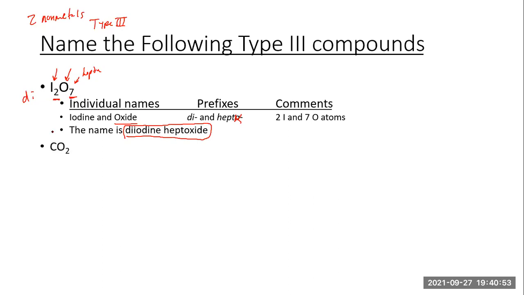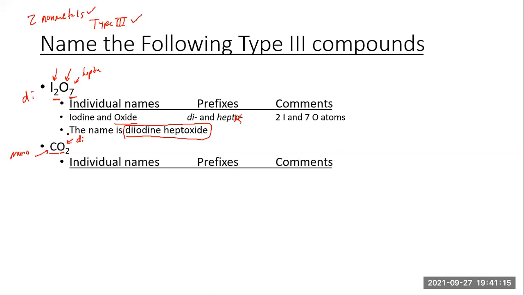If we look at this, again, we see carbon, which is a nonmetal. We see oxygen, which is a nonmetal. Again, that tells us that's two nonmetals. That tells us it's a type 3 compound. There's only one carbon, which means the prefix would be mono. There are two oxygens, which the prefix would be di. Remember again here that we will use the whole name of the first element, which is carbon.